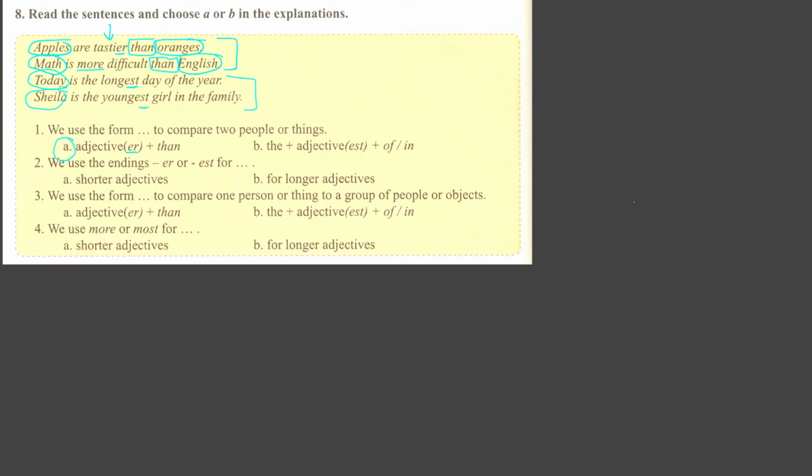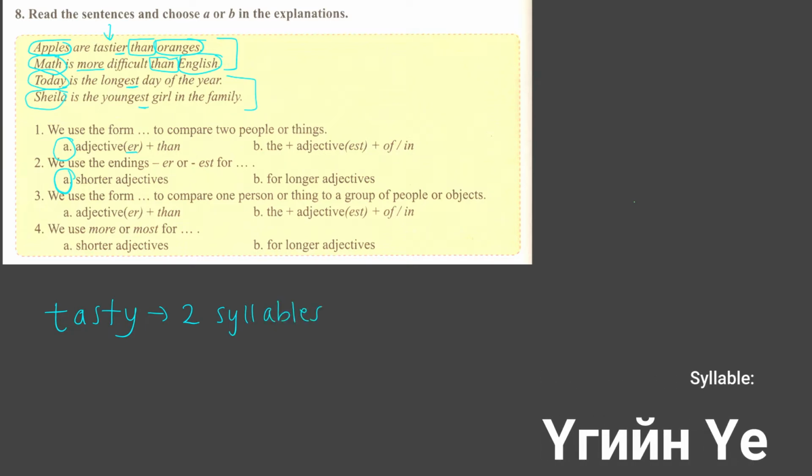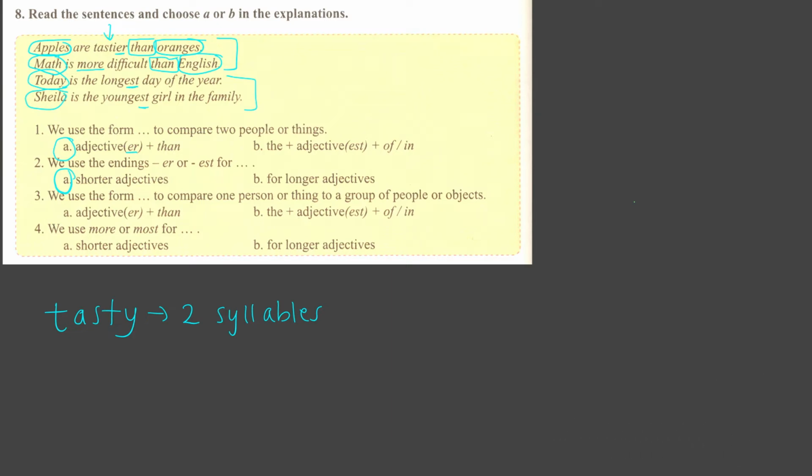Okay, so for number 2, we use the endings er or est for shorter adjectives. So for example, in the first sentence, tasty has 2 syllables. So, tasty, and that's a relatively short adjective.